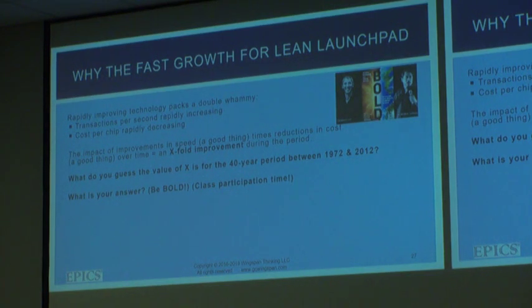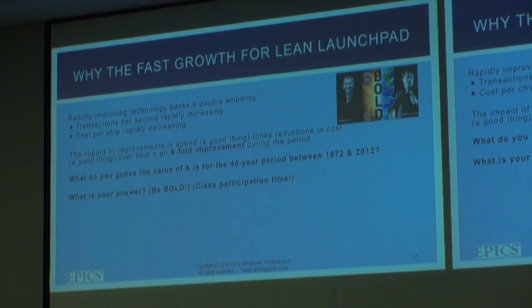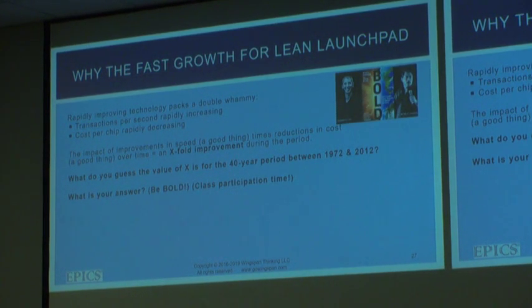There's a book that was published a couple years ago by Peter Diamandis called Bold. He's one of these very forward-thinking guys and has owned several space-related companies. In the book, he showed examples of the impact of improvements in speed, which is a good thing, times the reductions in cost, which is a good thing, yields an X-fold improvement during the period being measured.